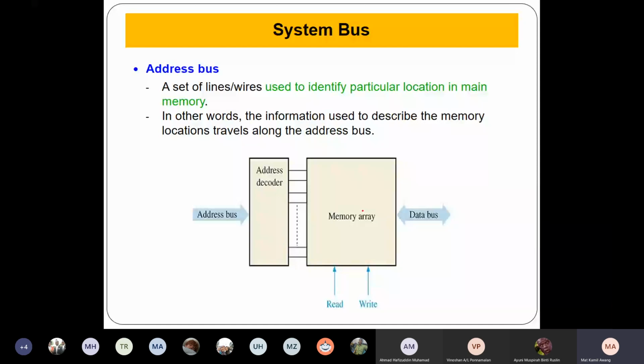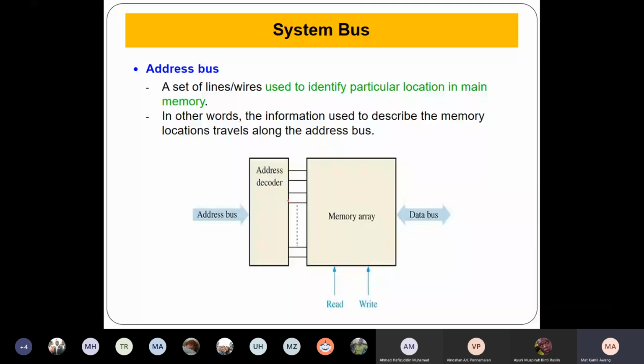So for example, let's say you want to address a location of row 5 here. So maybe you send on the address bus 101. 101 in binary is equivalent to 5 in decimal. So you send 101 on the address bus, then the address decoder will pick up that 101 and translate it into which row it is.